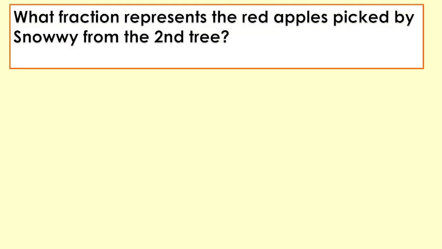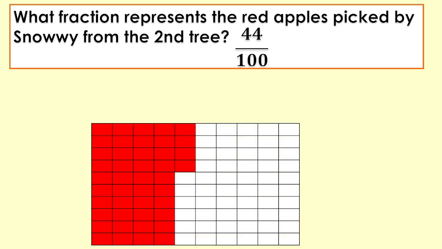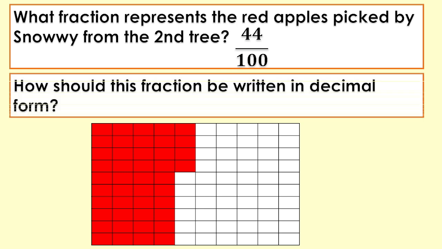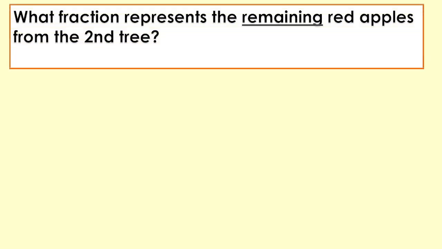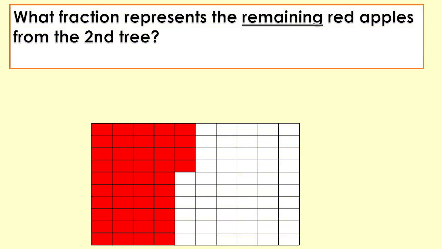What fraction represents the red apples picked by Snowy from the second tree? So we have here 44 hundredths. How should this fraction be written in decimal form? What fraction represents the remaining red apples from the second tree? So we have here the answer, 56 hundredths.